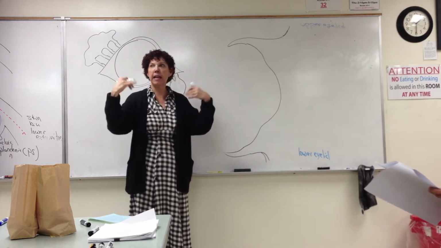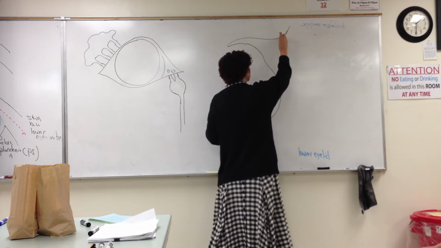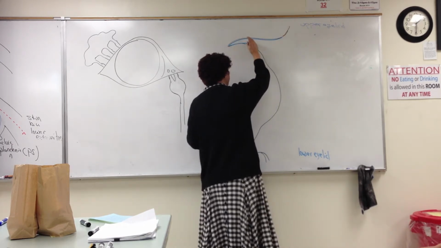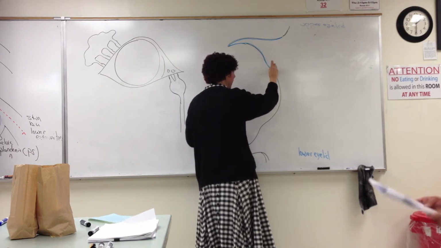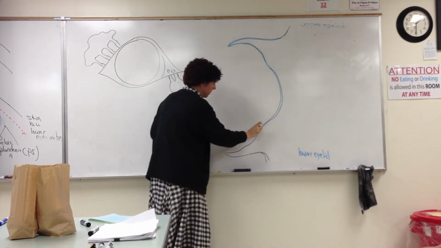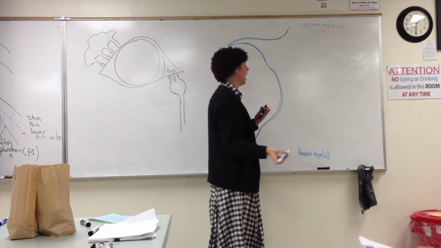And what else happens when you blink your eyelid? You're distributing the tears. Covering the inner surface of the eyelid and the surface of the eyeball, both the cornea, the clear part, and the white part, is this membrane known as the conjunctiva.